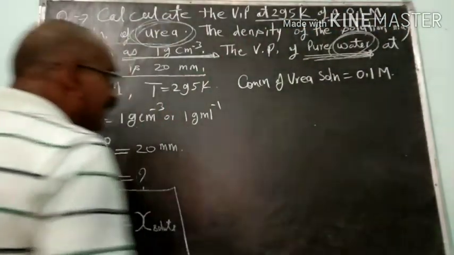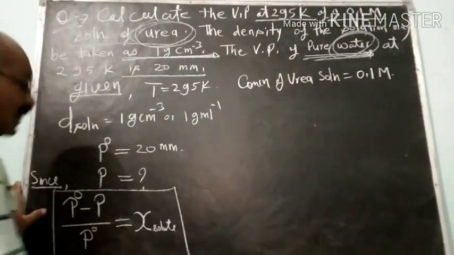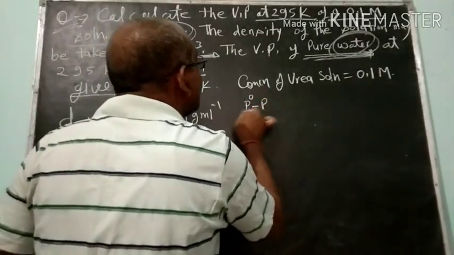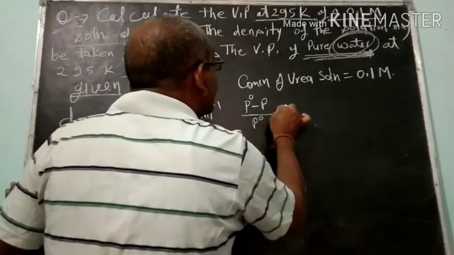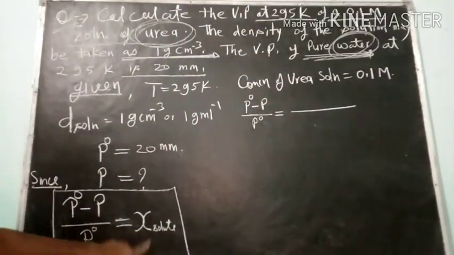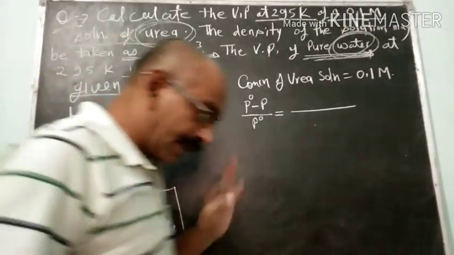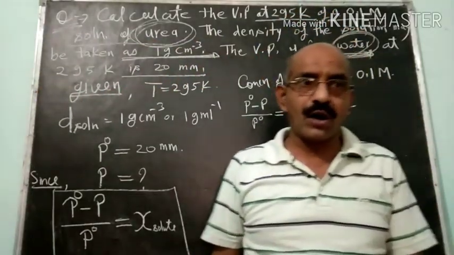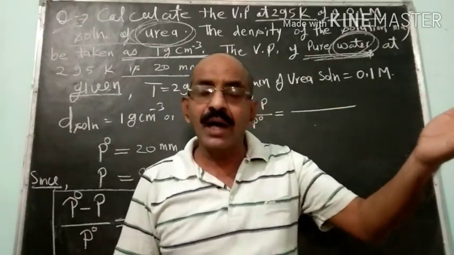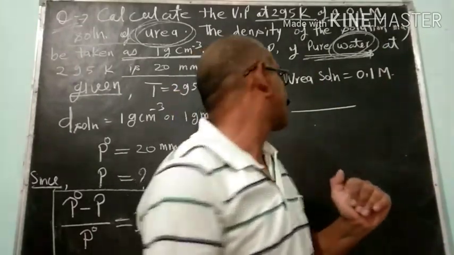So this expression can be written as P naught minus P over P naught equals to, so as you know, the mole fraction of any component is the ratio of the number of moles of that component to the total number of moles of the solution.